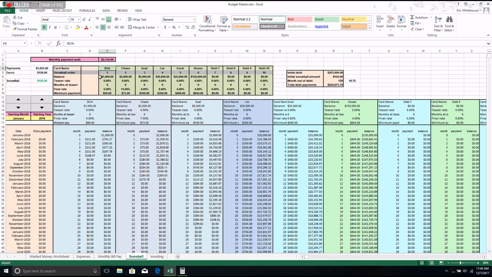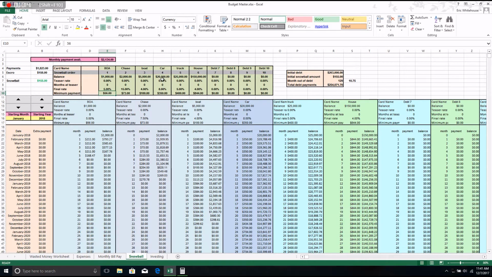Then you're going to put in the name of it and the balance, the interest rate, and the minimum payment. If you overpay, don't put the overpay amount in, only put in the minimum. You do that for all of your debts, so anything that can be paid off. A light bill cannot be paid off, so that's not going to be in here. That's not a debt.